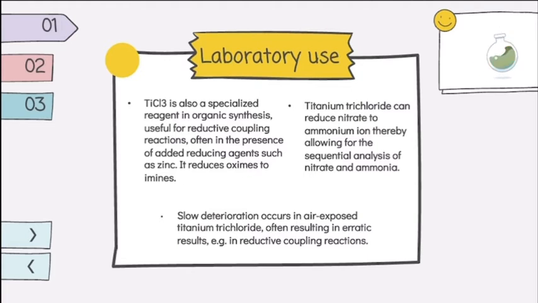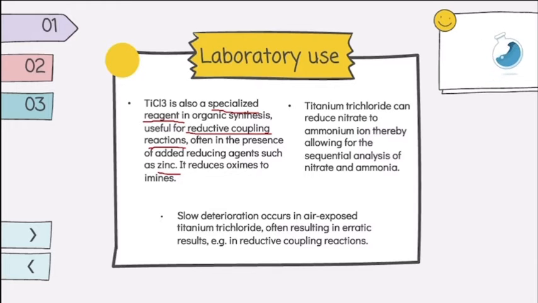For laboratory use, titanium trichloride is also a specialized reagent in organic synthesis, useful for reductive coupling reactions, often in the presence of added reducing agents such as zinc. It reduces oxidants to imines.